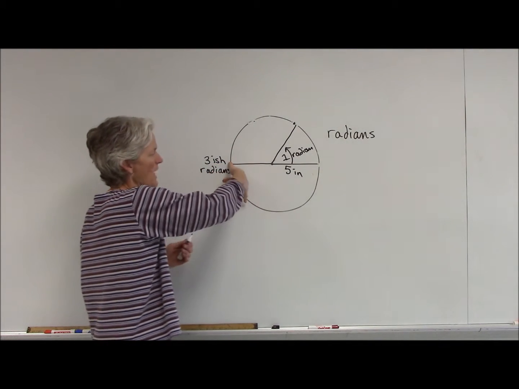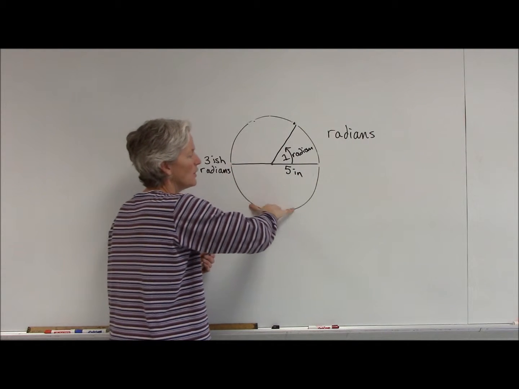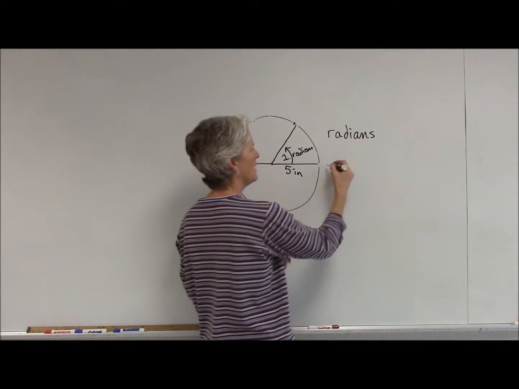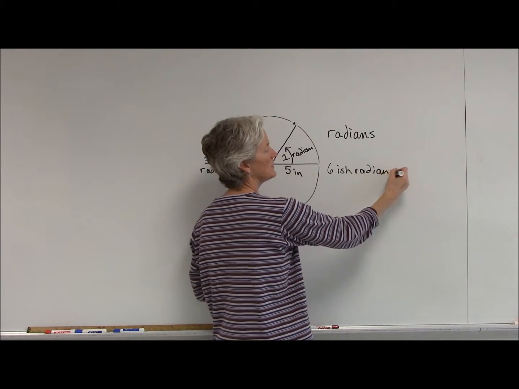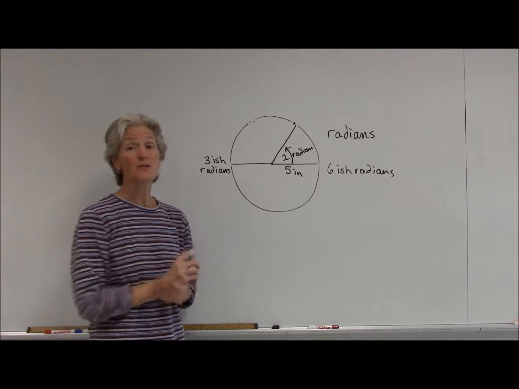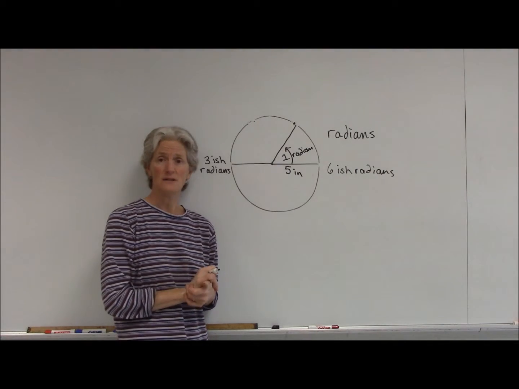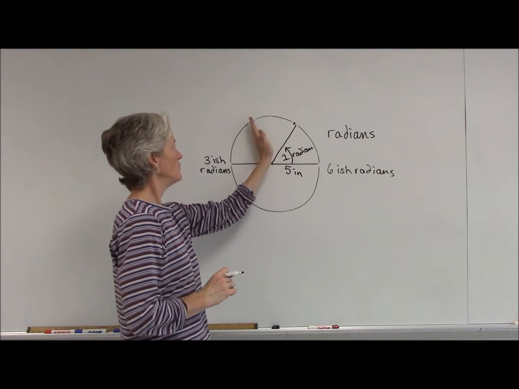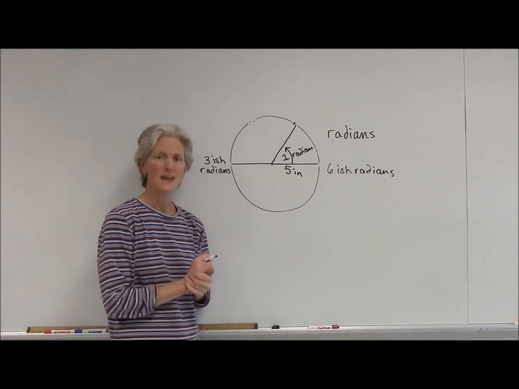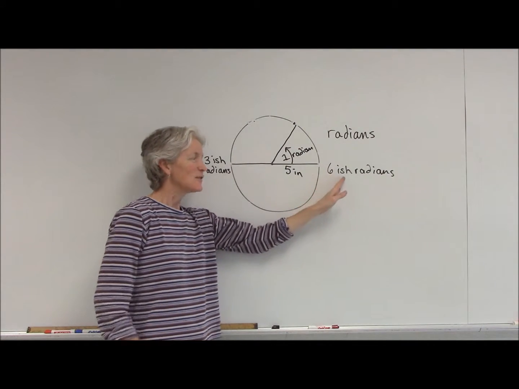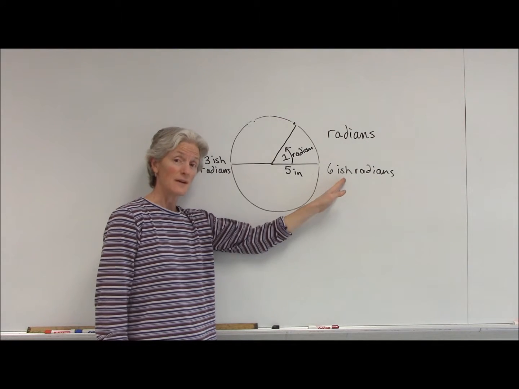So that means about how many? About 6 would go all the way around. So there are a little more than 6 radians in a circle, right? 1 radian, 2, 3, 4, 5, 6 radians. Now, of course, it's 6-ish. We can be a little more specific.